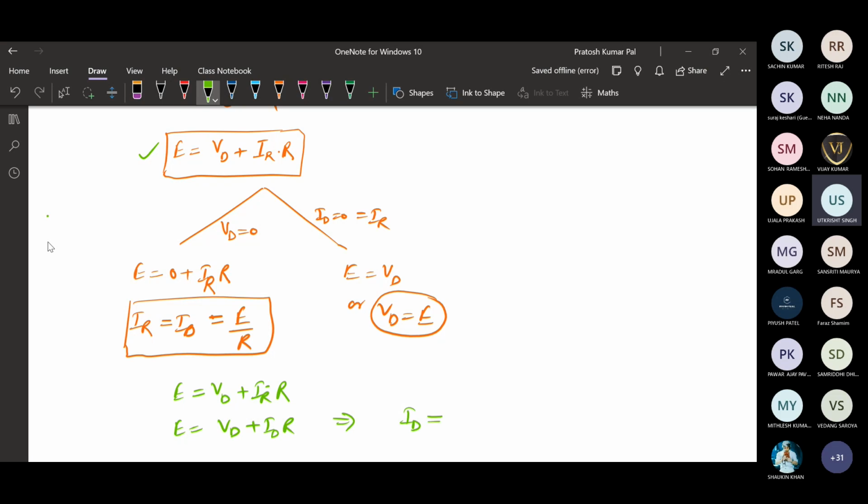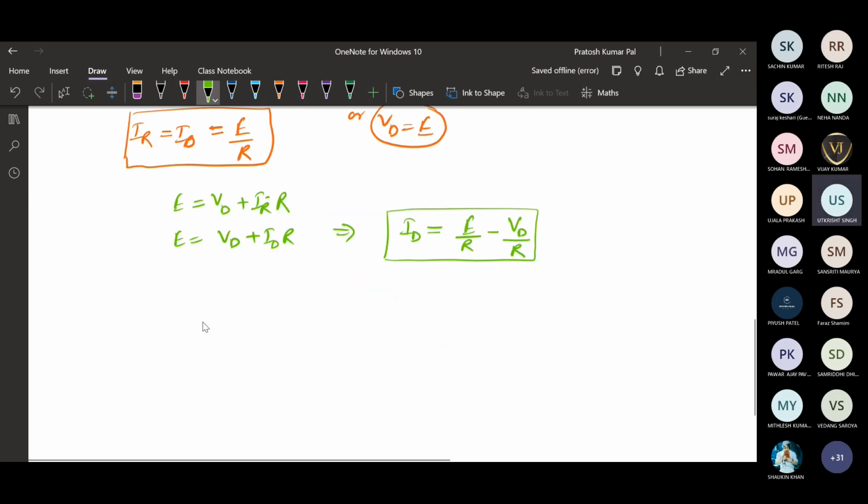So ID will be equal to E by R minus VD divided by R. From this we obtain one of the equations of the DC load line with respect to the ID and VD plot.